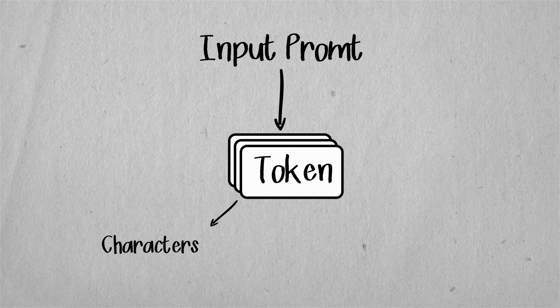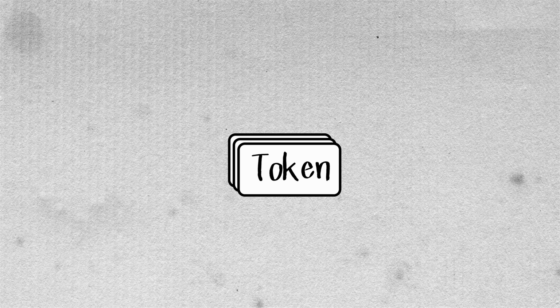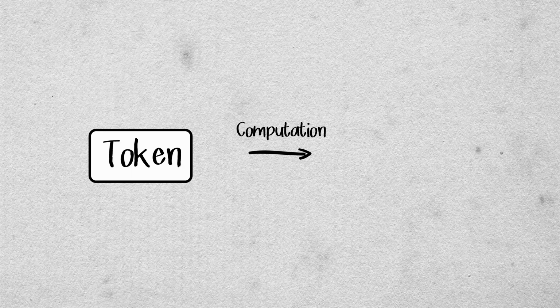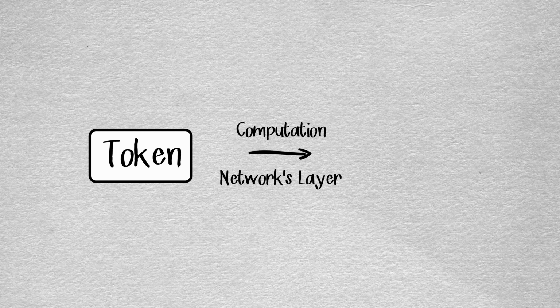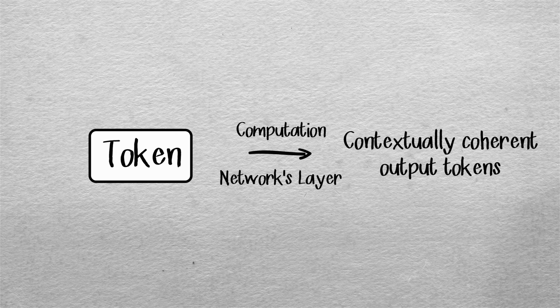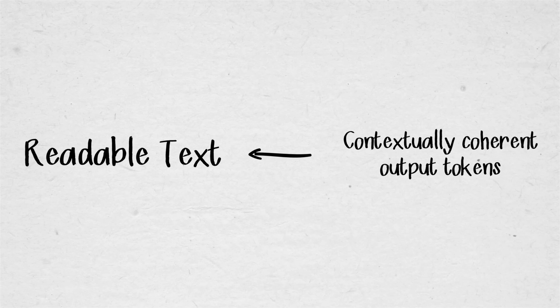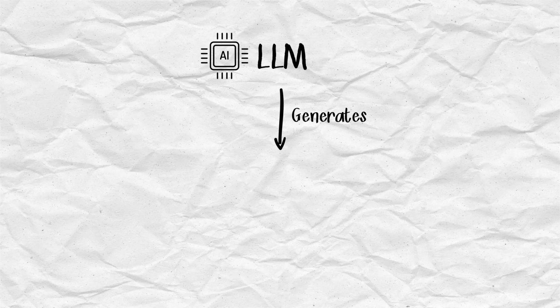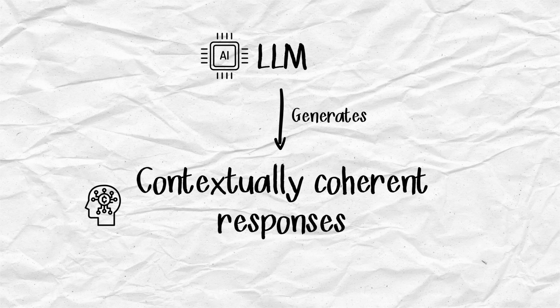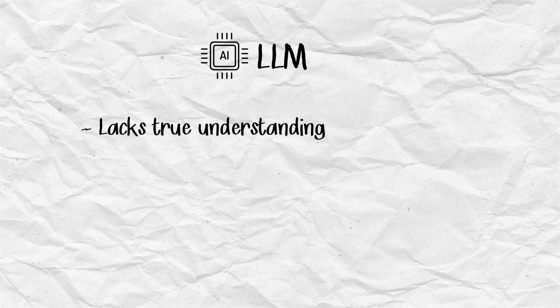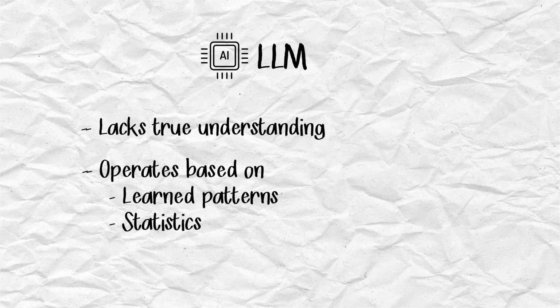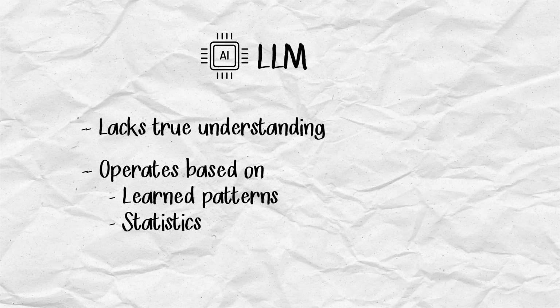Tokens can represent characters, words, or subwords. These tokens undergo computations through the network's layers to generate contextually coherent output tokens. Finally, the output tokens are converted back into readable text. It's important to note that while these LLMs can generate contextually coherent responses, they lack true understanding and operate based on learned patterns and statistics rather than genuine comprehension.